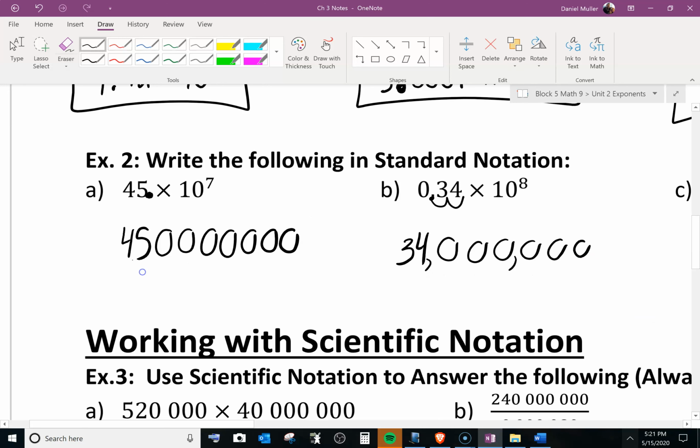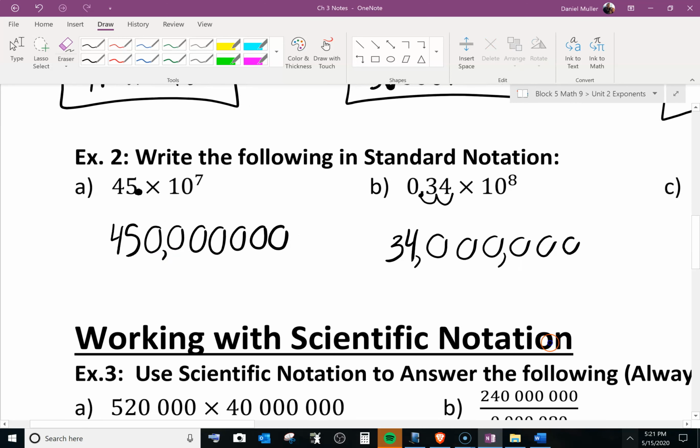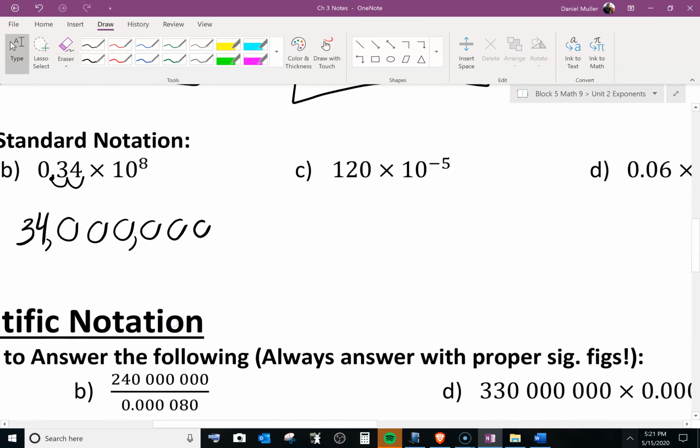Now, let's take a look. So I've got 120, the decimal place is here, and now I got to make it smaller. So I'm going to move this to the left, 1, 2, 3, 4, 5. So I'm going to fill this, 1, 2, fill this up.